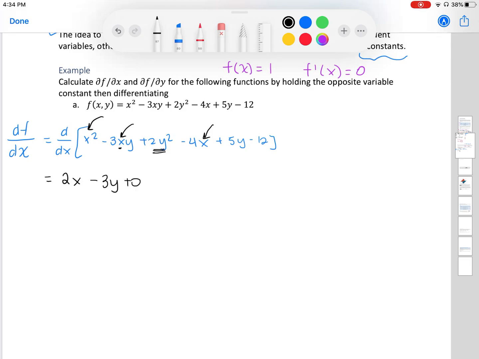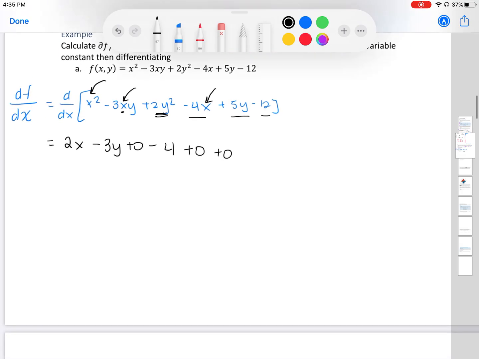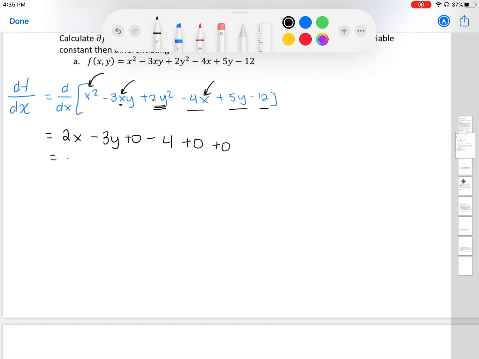So we treat it as a constant. The derivative of negative 4x, that's just 4. 5y, constant, is 0. 12, constant, is 0. So what are we left with? 2x minus 3y minus 4. We have found the derivative of our function f in terms of x.